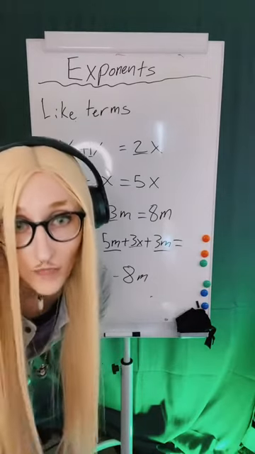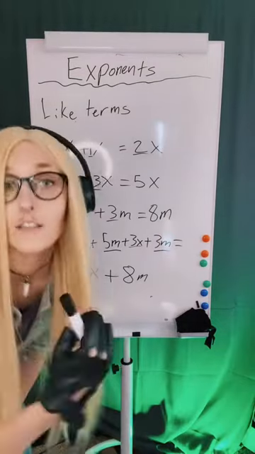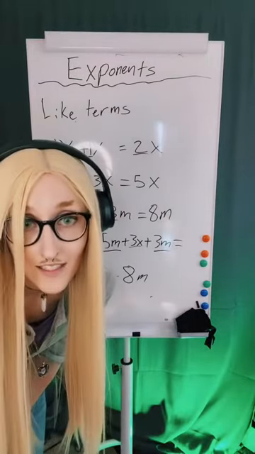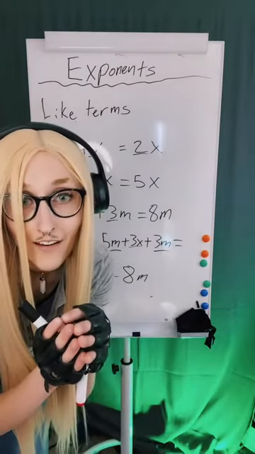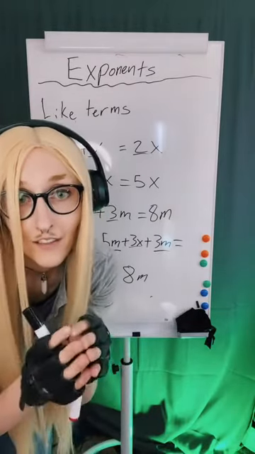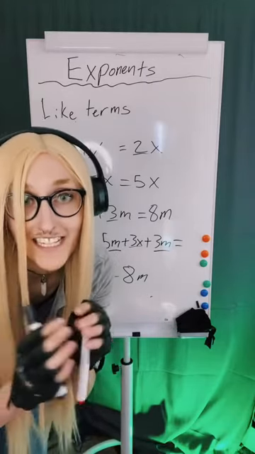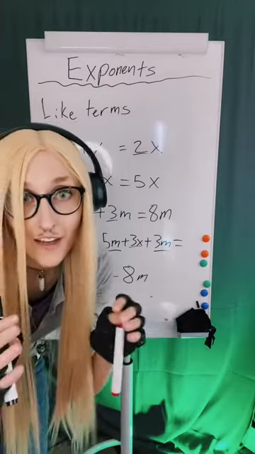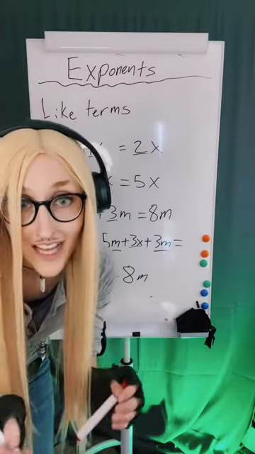We can't do it because x and m are not like terms. They're not the same, so I can't combine them. You can only combine the terms that are the exact same. M and X are different, so we have to keep them separate. Does that help?